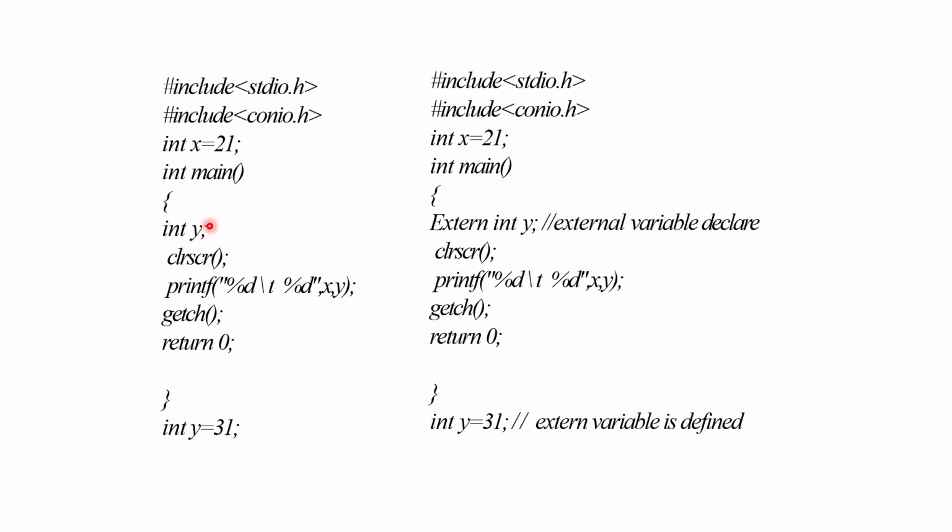Now suppose I want to use this y from the left program within the right program, the same y. If I want to use the value of the y that I have declared in this left program, to use this I have written a variable like this, extern int y, over here in the right side.